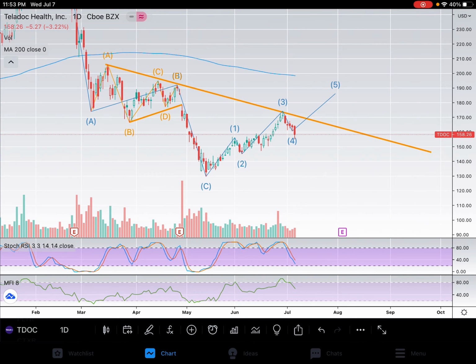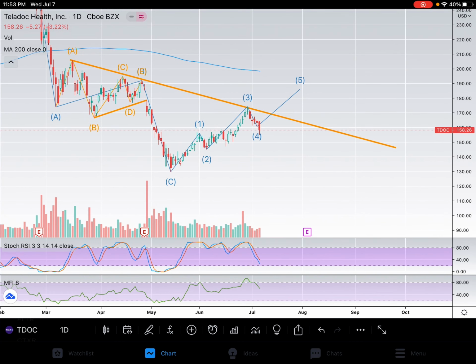But it's good that we're seeing this type of wave structure. It's clear, it's concise, so that's a good sign for Tdoc.